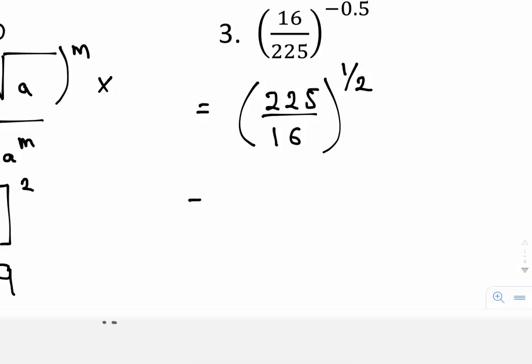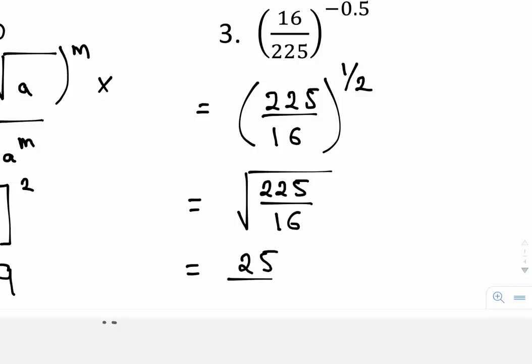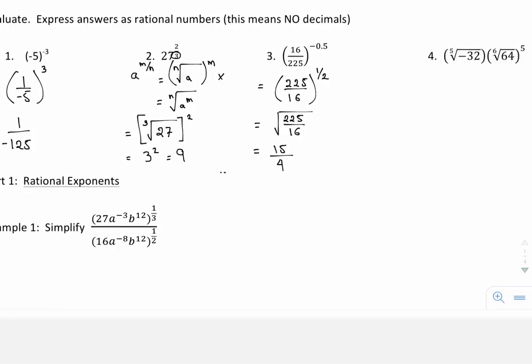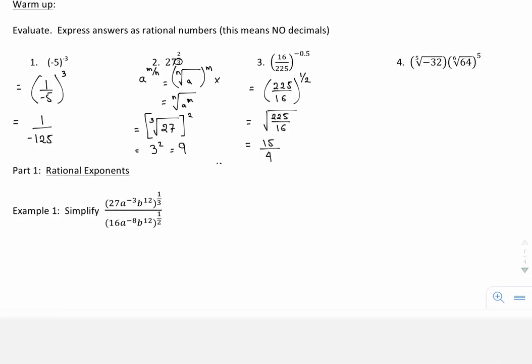And based on that, I know that I can rewrite my expression as the square root of 225 over 16, which once I take the root of the top and bottom, I'm left with 25. No, that's not 25. The square root of 225 is 15. So 15 over 4. There's our warm-up for number 3.